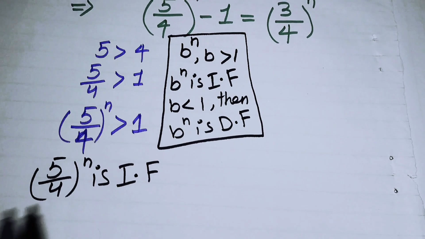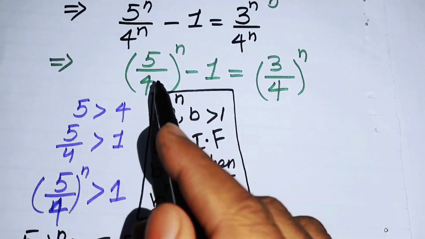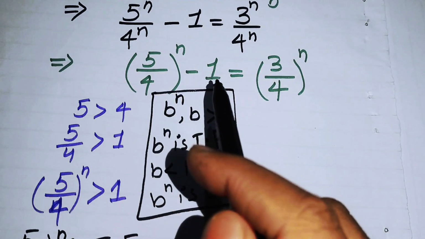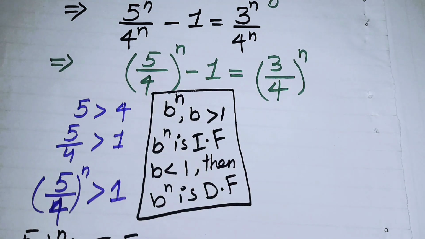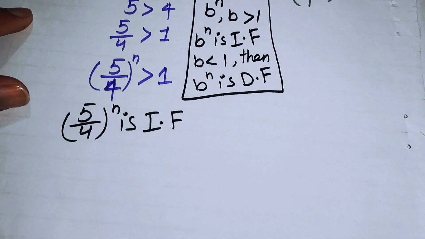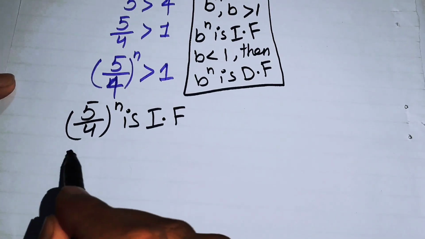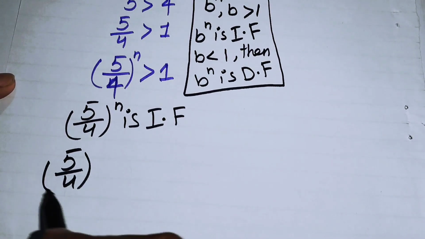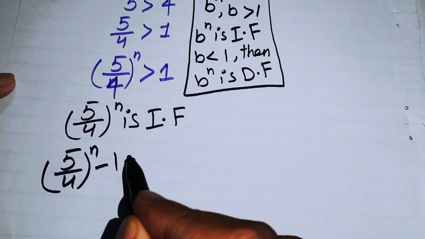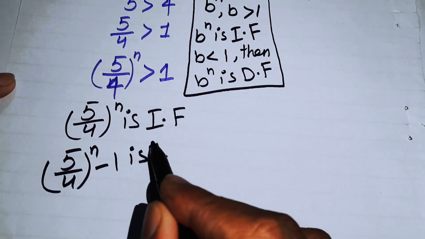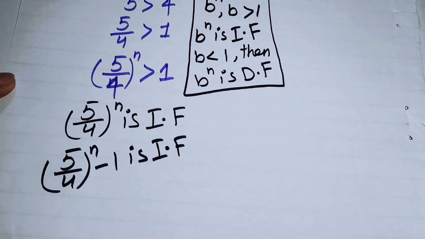Okay, so if this function is increasing and we subtract 1 from an increasing function, then it remains increasing. So we say that 5 over 4 and its whole power n minus 1 is also an increasing function.